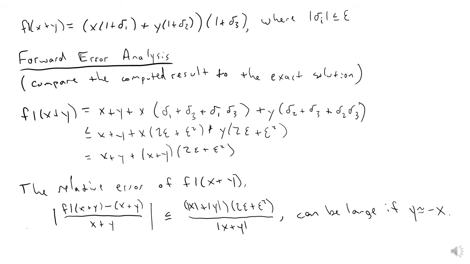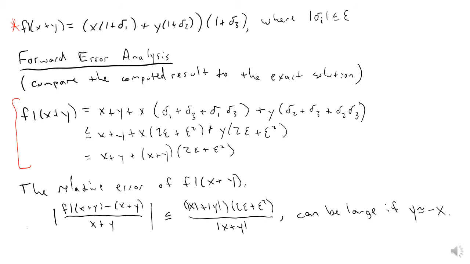So here I'm showing you what the computed result looks like, the floating point addition of x and y. Just copying over the line that we had on the previous slide.